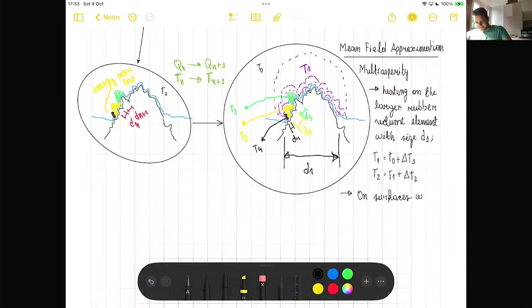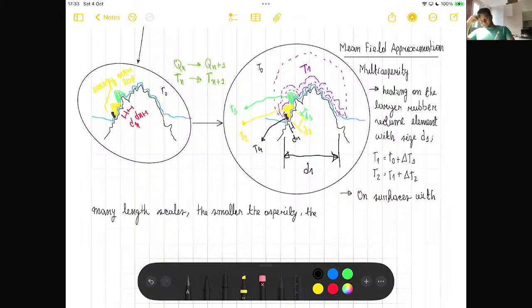On surfaces with many length scales, the smaller the length scale, the smaller the asperity, the higher the temperature increasing.